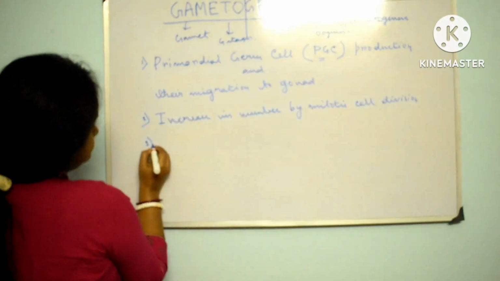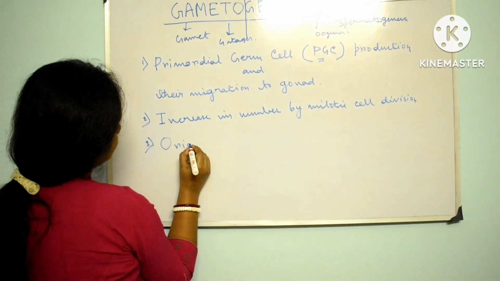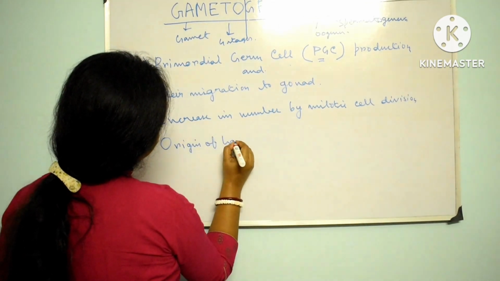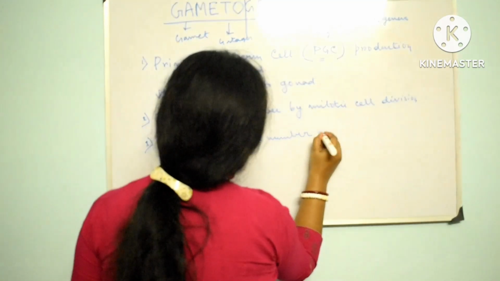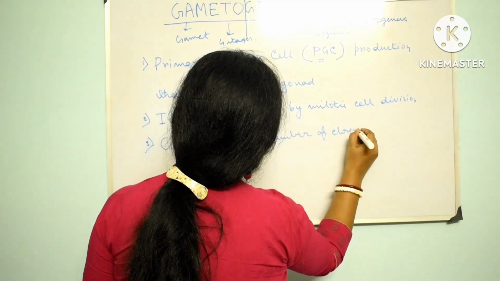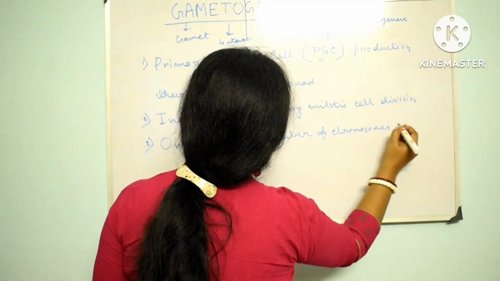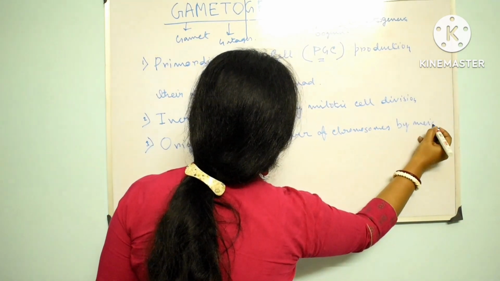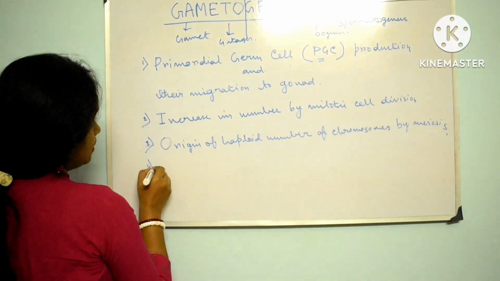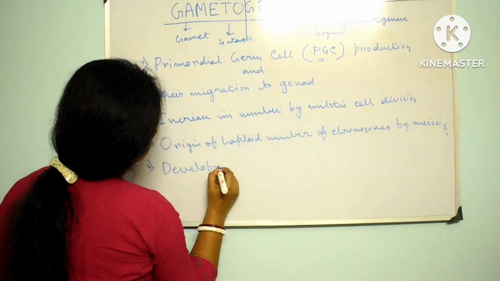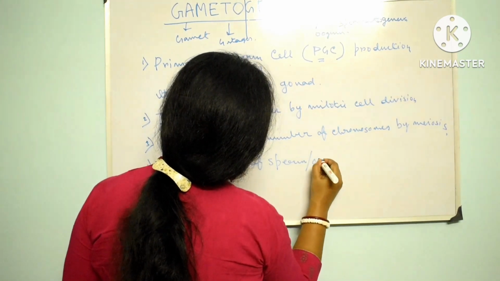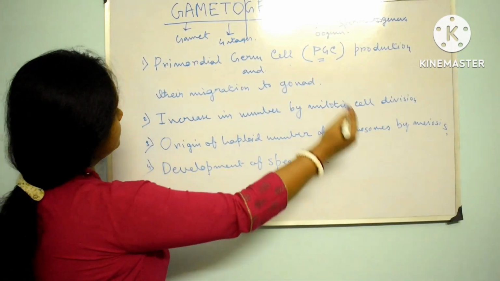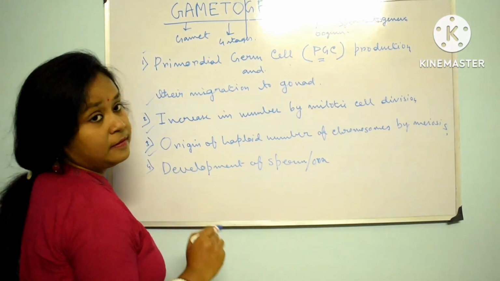And third, origin of haploid number of chromosomes by meiosis. And point number 4, development of sperm or ova. So these are the 4 stages of gametogenesis.